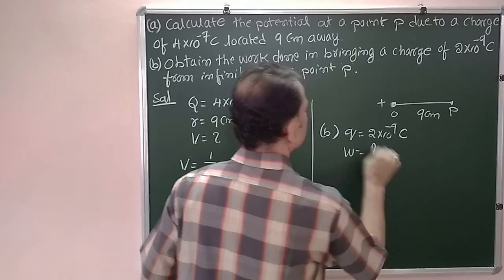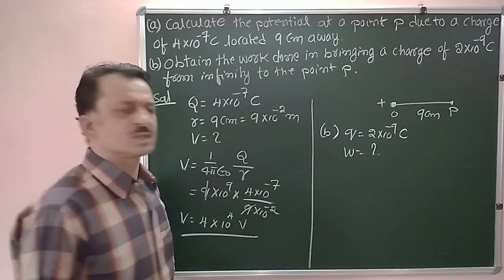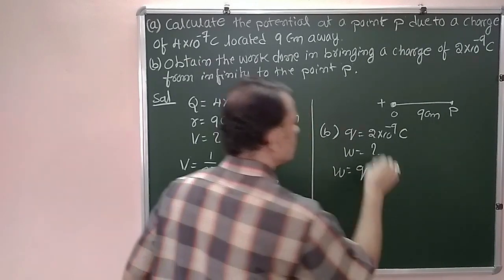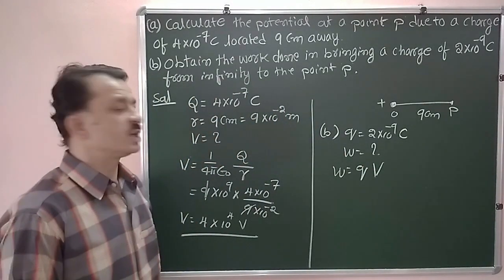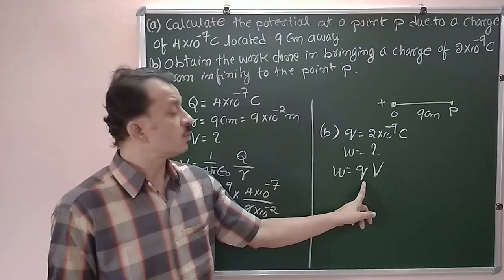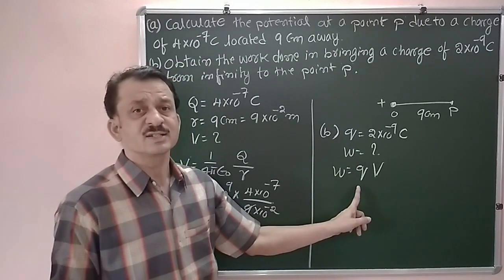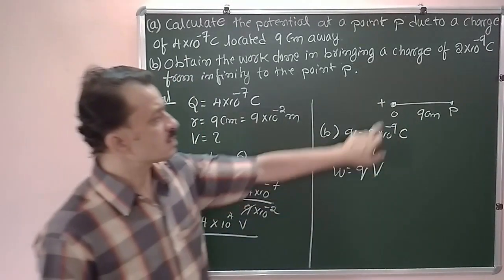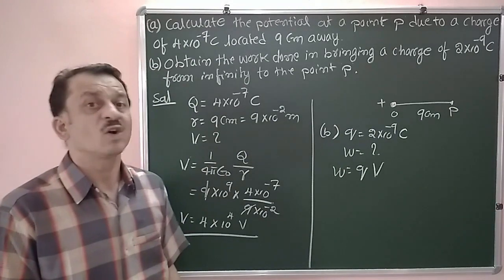Now that work done we have to work out. We know the simple relation: the work done is equal to charge multiplied by the potential. Now here which charge are we going to take? We have to take the charge which is to be brought from infinity to that point. We are not supposed to take the charge at the origin.